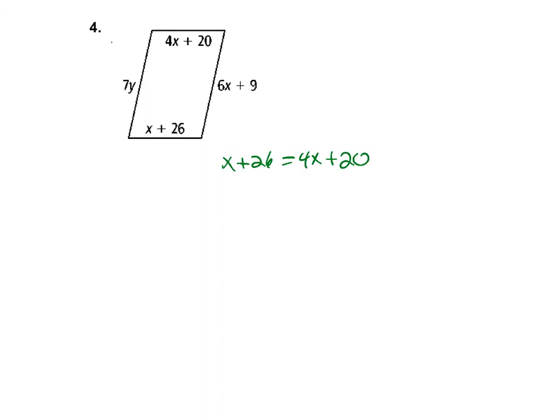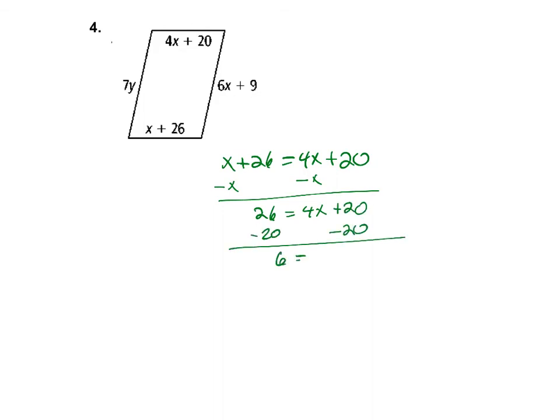So I'm going to subtract x on both sides. So 26 equals 3x plus 20. Minus 20 on both sides, so 6 equals 3x. This should be a 3 right here. And I'm going to divide by 3. So x equals 2.